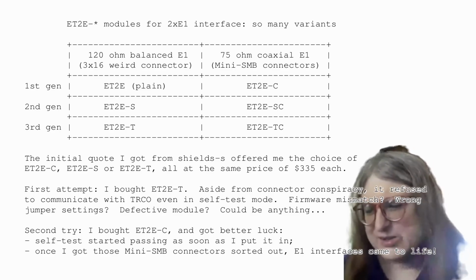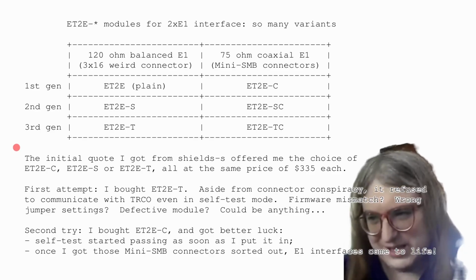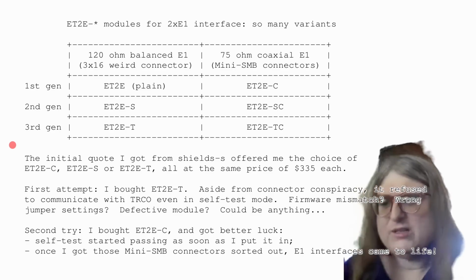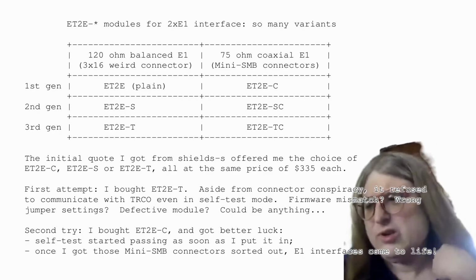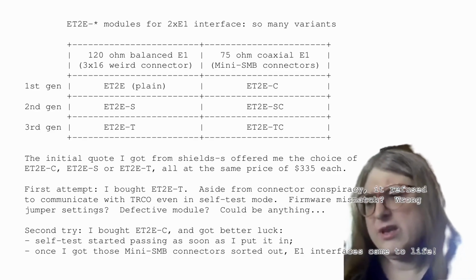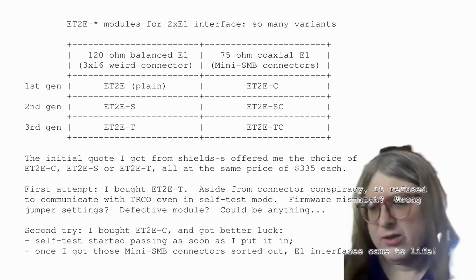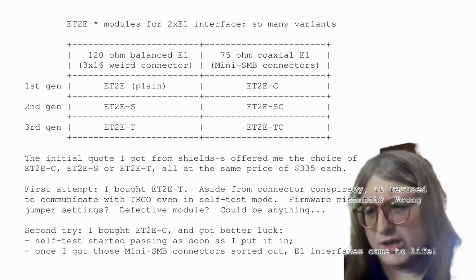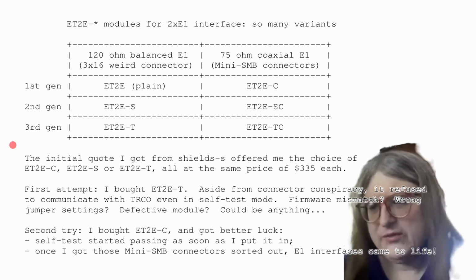But yeah, so this is just the E1 side. But at T1 will be even more variety. Yeah, I didn't try going for the T1 version because, for 2 reasons. Initially, when I was making the inquiry with the supplier, the ET2E showed up in the inventory right away.